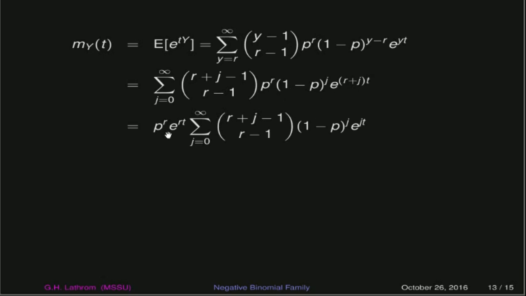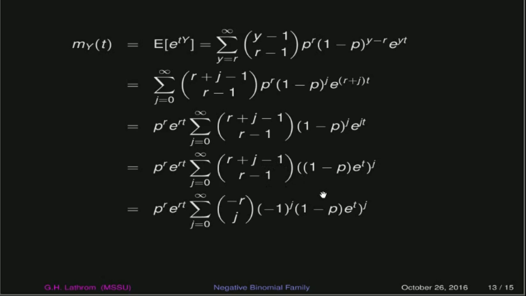Now everything to the jth power we can combine together to give us this expression, and then we use our trick that we just derived: (r+j-1 choose r-1) is our generalized binomial coefficient, (-r choose j) times (-1)^j.